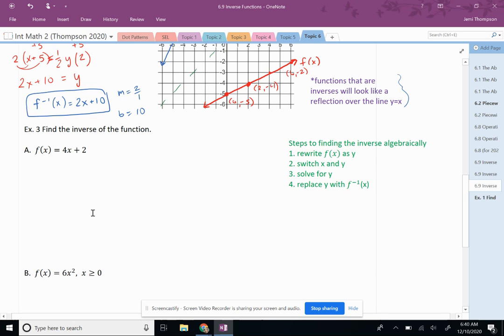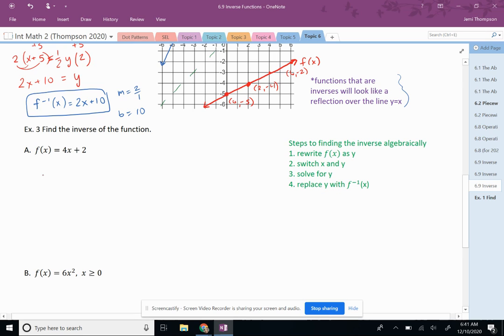Find the inverse of the function. All right, so I have my function, and I'm going to go through and follow my steps.